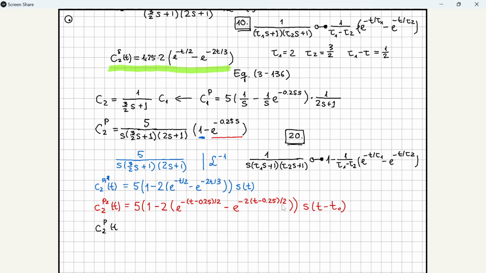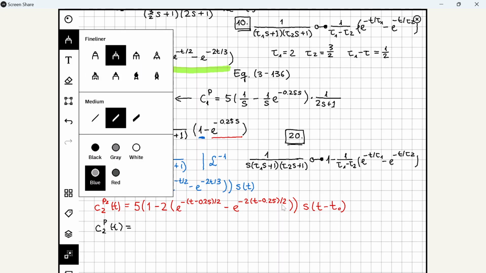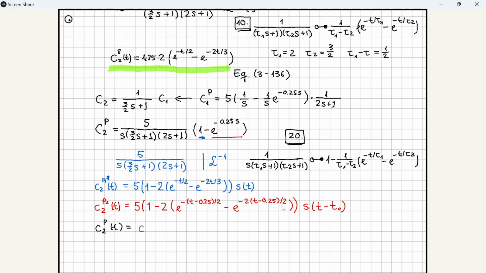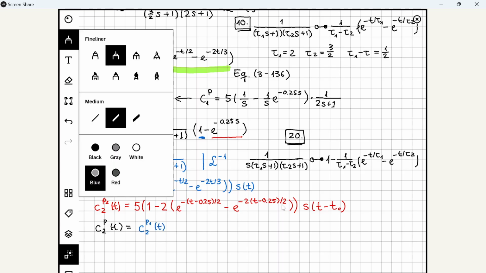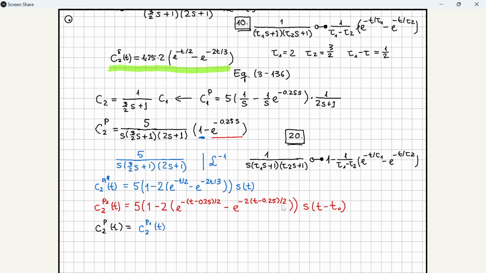So this means C2p of t equals the blue function C2p1 of t, and that is for 0 is smaller than t is smaller than 0.25.